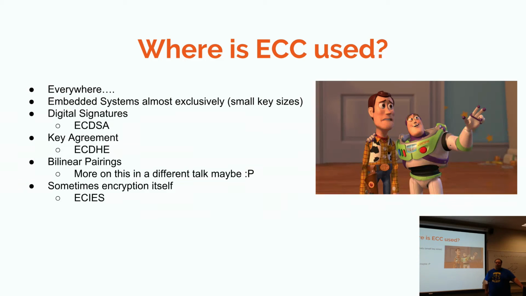Whenever you see EC, it's probably in reference to elliptic curves. When I'm talking about crypto stuff, I would Google it. So here we have ECDSA, the elliptic curve digital signature algorithm. Key agreement is ECDHE, which is elliptic curve Diffie-Hellman exchange.